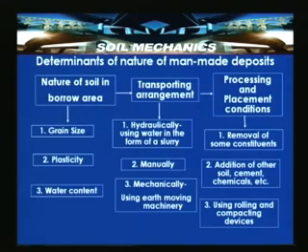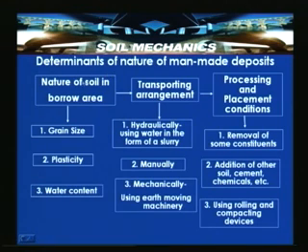The determinants of the nature of man-made deposits are, if you look into it, that the soil has to be transported from one place to another to compact it or to make it into a suitable shape for the structure.